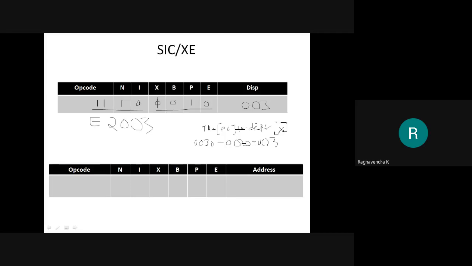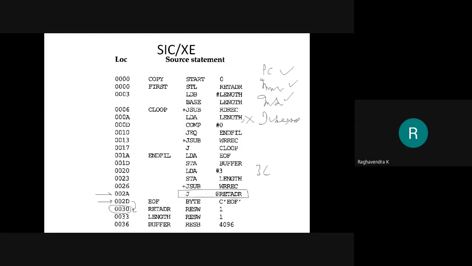So while calculating the displacement, you have to subtract the value of X also. That's the only change with regard to indexed addressing mode, right? Remaining is the base relative addressing mode, which I'll come back to later.